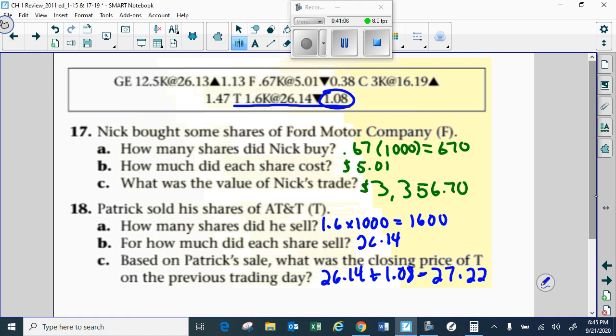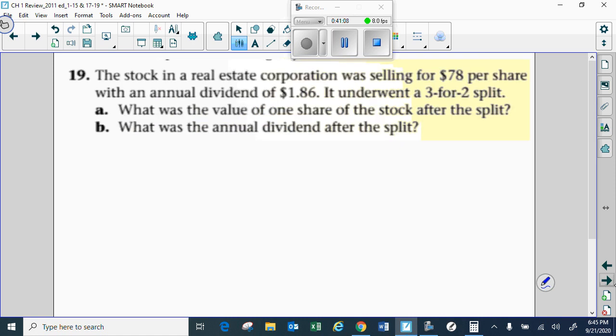All right, next one. Last one, 19. The stock in Real Estate Corporation was selling for $78 per share with an annual dividend of $1.86. It underwent a 3-for-2 split. What was the value of one share of the stock after the split?